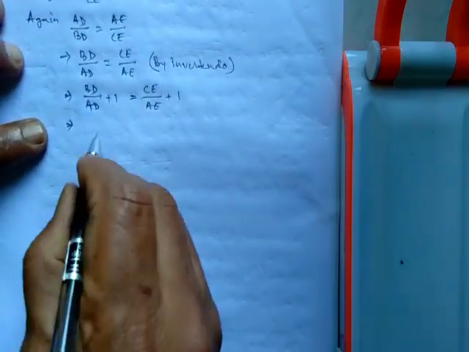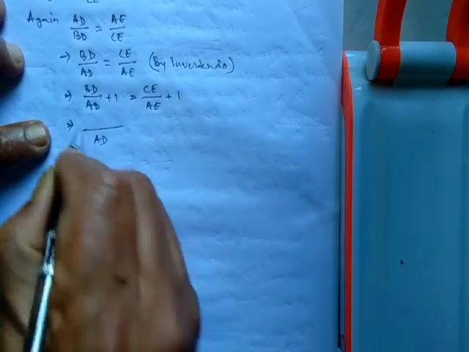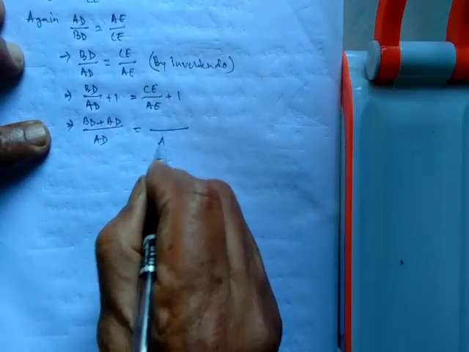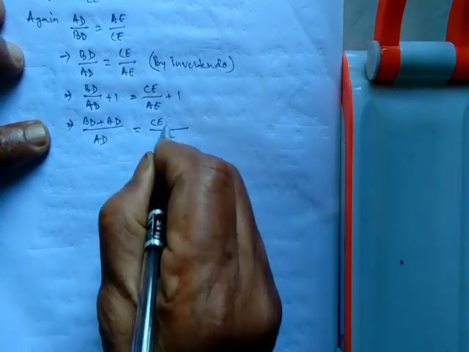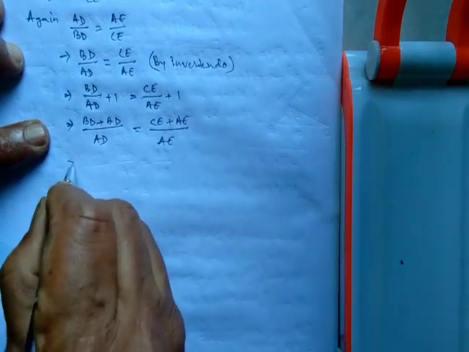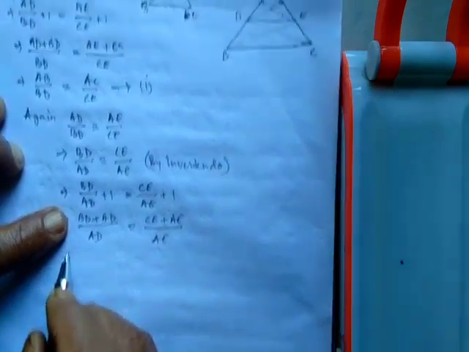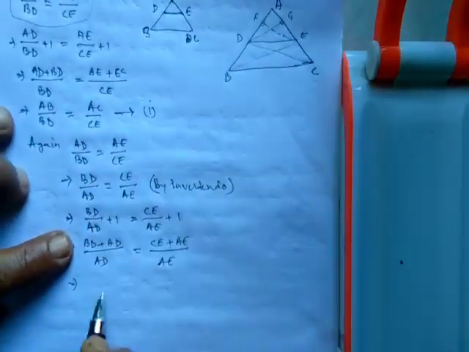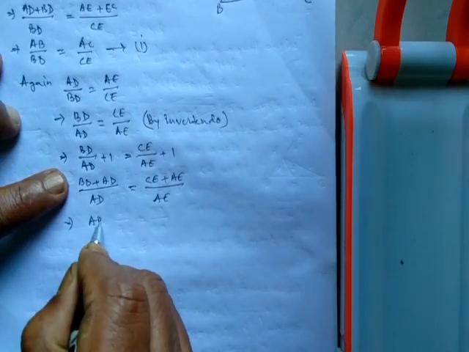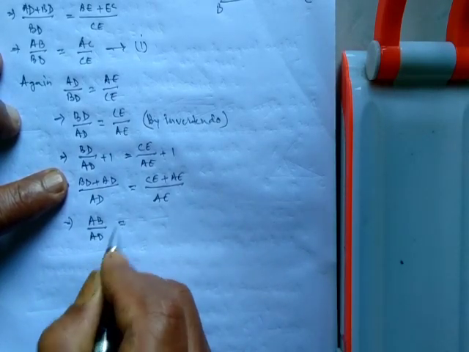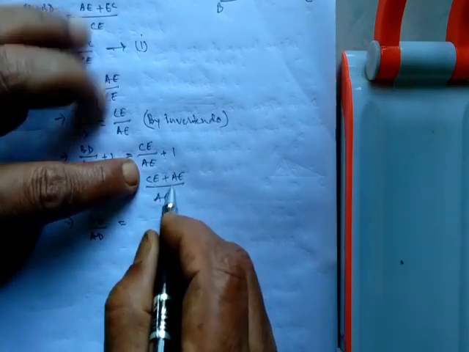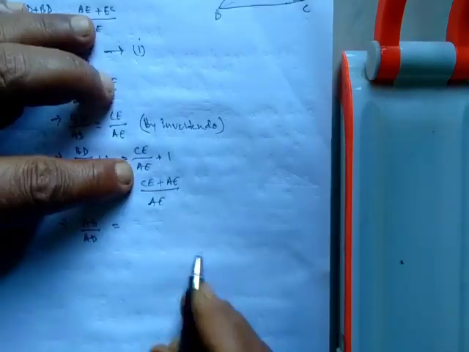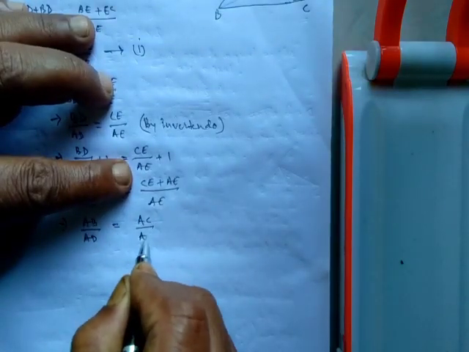Taking LCM, BD plus AD by AD is equal to CE plus AE by AE. That is, AB by AD is equal to AC by AE.